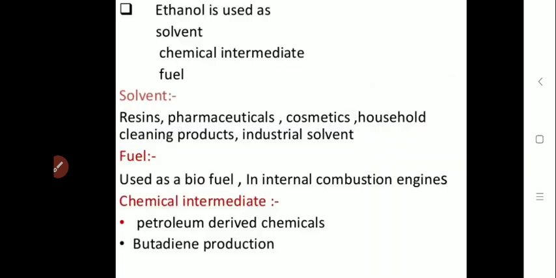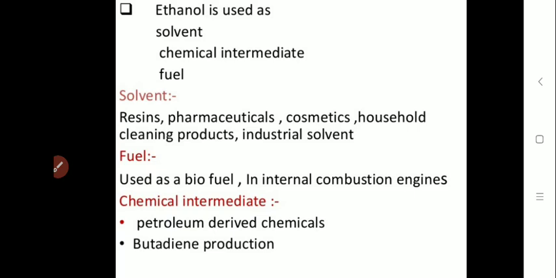Now once the ethanol is produced, it has a high demand in the market. We'll see the applications of ethanol. It is used as a solvent, chemical intermediate or fuel. Ethanol is used on a large scale as a solvent in various resins, pharmaceutical industries, cosmetics, household cleaning products, and industrial solvents.